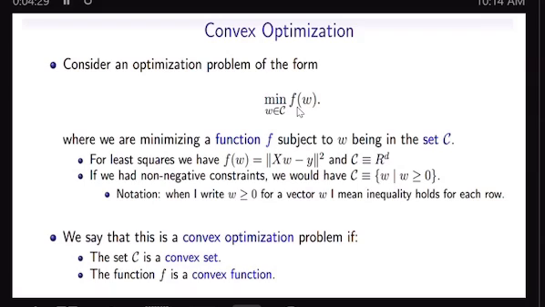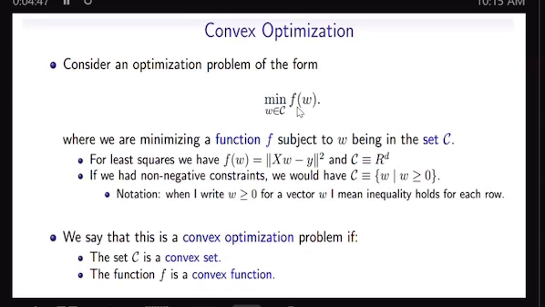An example is least squares. Has anybody heard about the least squares model? In statistics, we have least squares. We may want to minimize the function. So there are different kinds of functions that we may want to minimize.